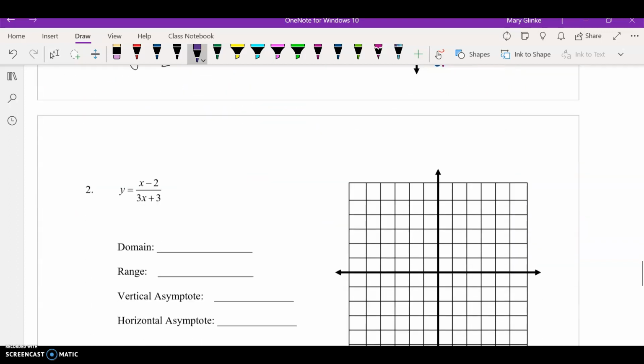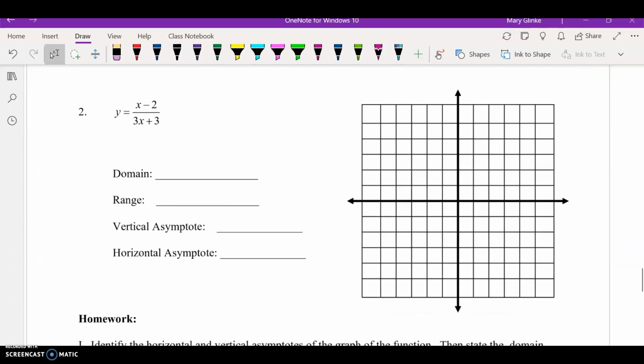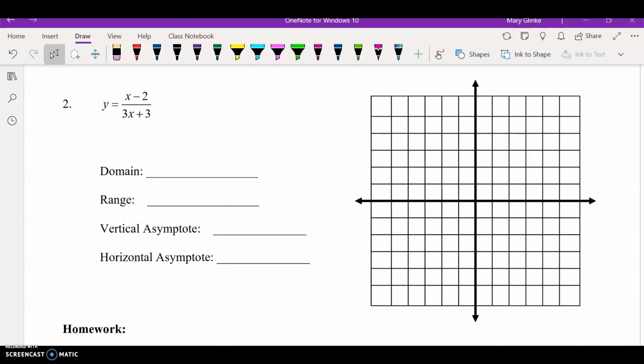So we're going to do one more. We just have to pay attention to which format this is. So this is not the AHK format. This is one linear function divided by another linear function. So vertical asymptote, think about what it would be. Denominator set equal to 0, so x equals -1.